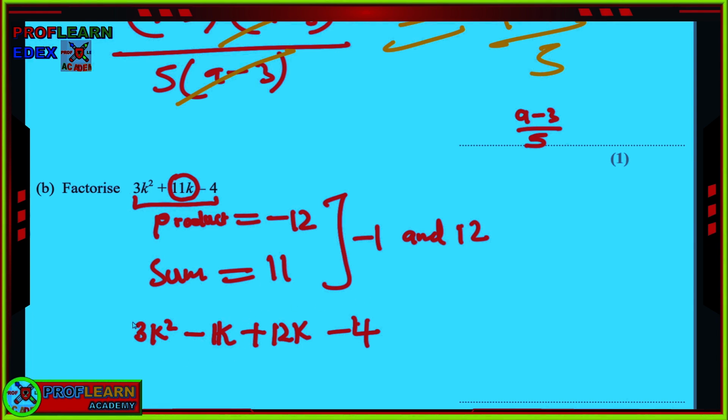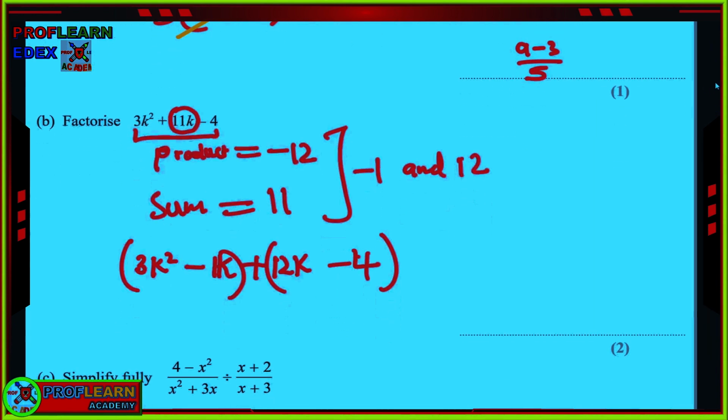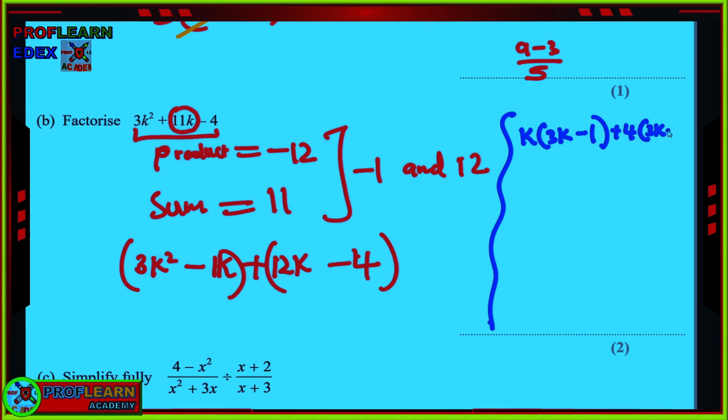So I can group this together and this together, and then factor out the common term. The common term for the first bracket is k, and that will be k into 3k minus 1. The common term here is 4, because 4 is a factor of 12. So this can be written as 4 into bracket 3k minus 1, because if I multiply in, I still get whatever we were having here.